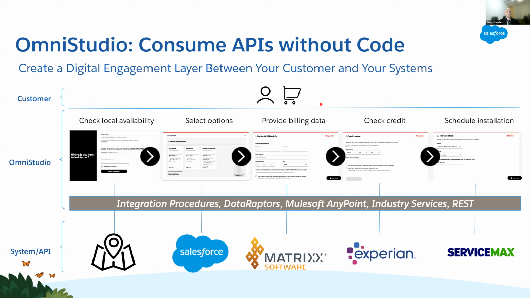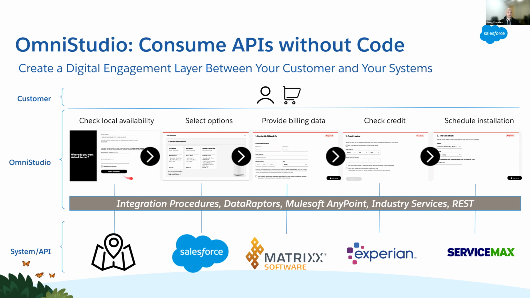So let's say here we're playing the persona of a customer who is purchasing internet from their favorite communication service provider, and they're purchasing this Astro internet package. So here I'm the customer coming in. Let's say I'm coming into the communication service provider's Salesforce community site. On that site, we have a guided flow exposed to the customer that will allow them to enter their address.